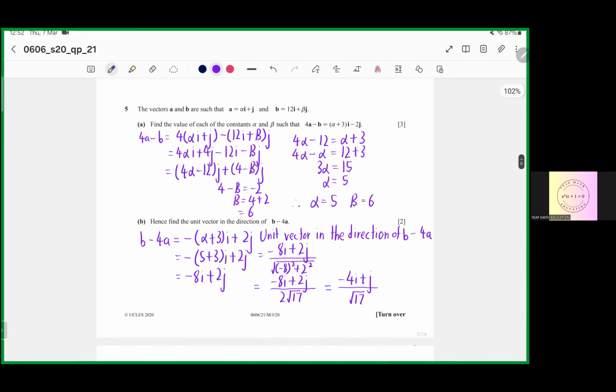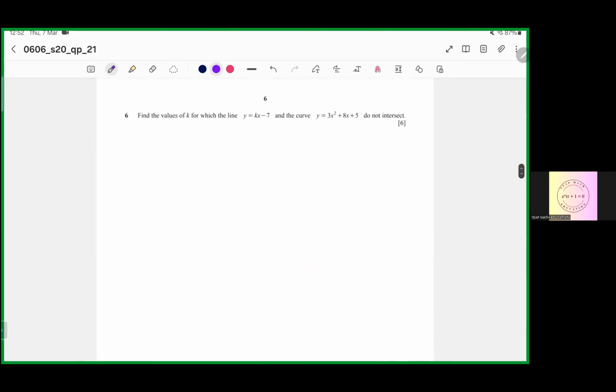Now we look at question 6. Question 6 is quite easy because we are just asked about the discriminant, b squared minus 4ac. Now we see the question. Find the values of k for which the line y equals kx minus 7 and the curve y equals 3x squared plus 8x plus 5 do not intersect.